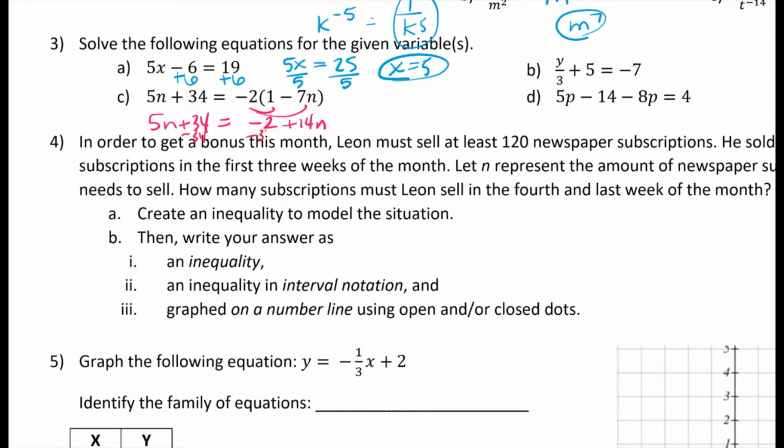So I'm going to subtract 34 from both sides. Then I make 5n equals 14n minus 36. So now I'm going to subtract 14n from both sides, so that I have the variables on the left, numbers on the right, and I get n equals 4.